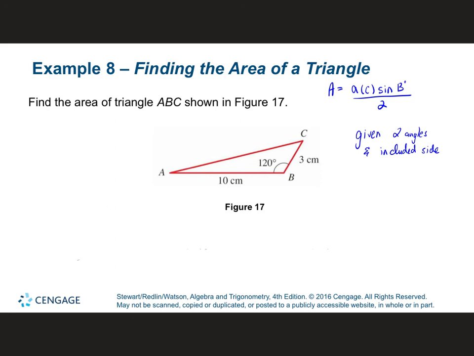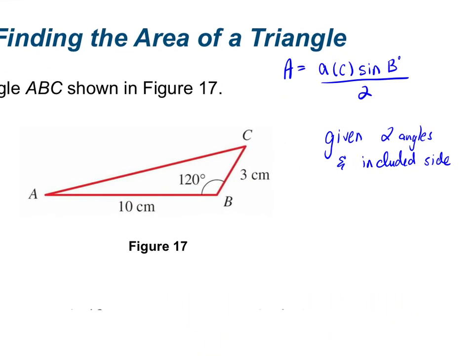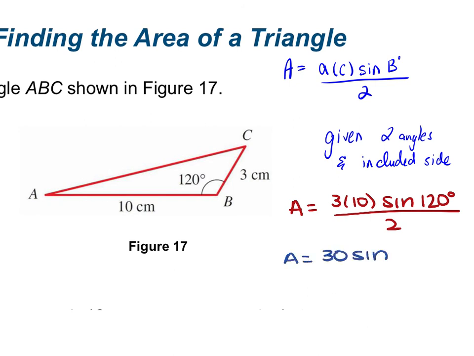So if area is A times C times the sine of B over 2, we're going to have area equal to 3 times 10 times the sine of B, which is 120 degrees, over 2. This is going to give us 30 sine 120 divided by 2.